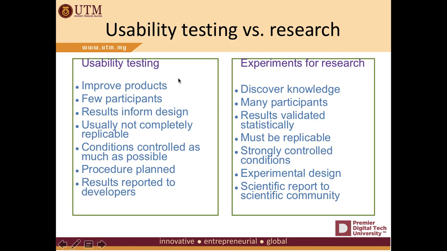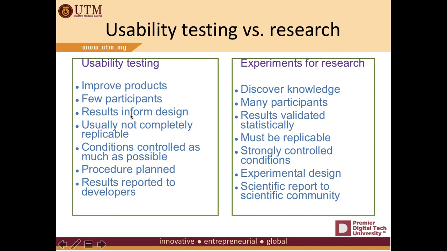This slide shows the differences between usability testing and research. Usability testing aims to improve a product, but for research, it might discover knowledge. Usability testing involves few participants, but an experiment or research might involve many participants.